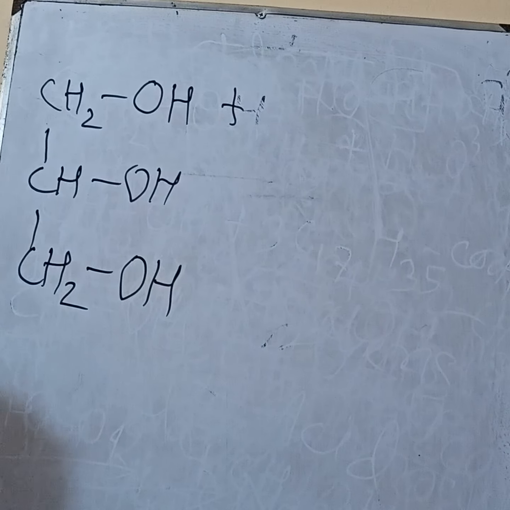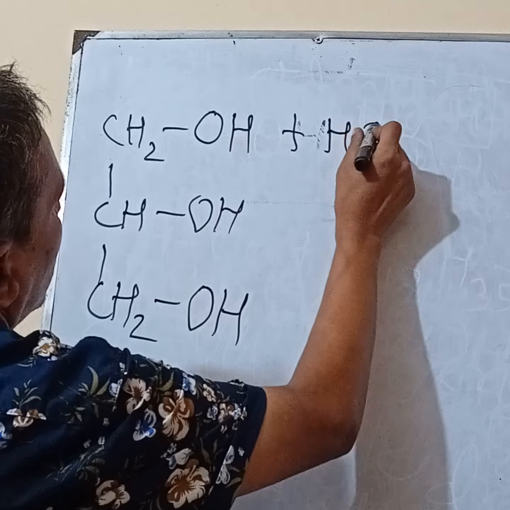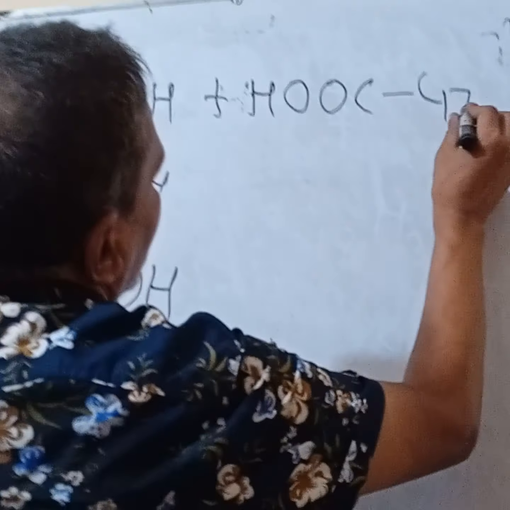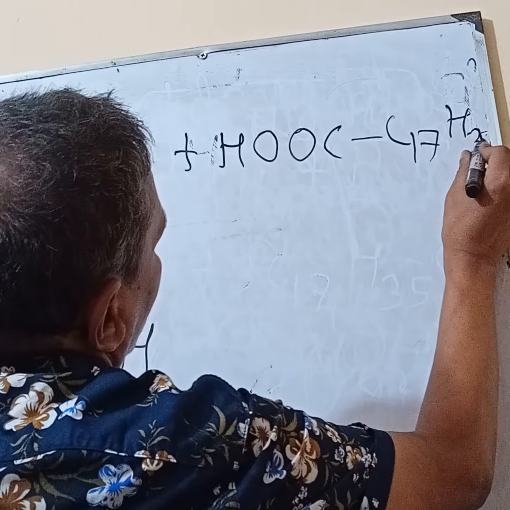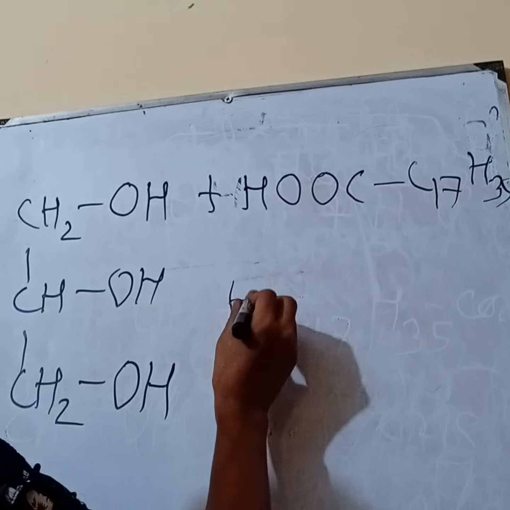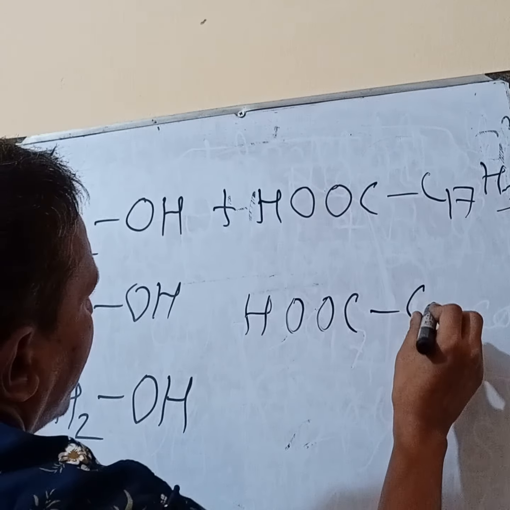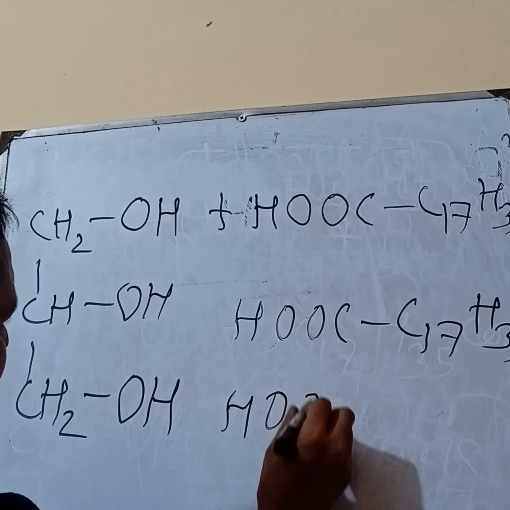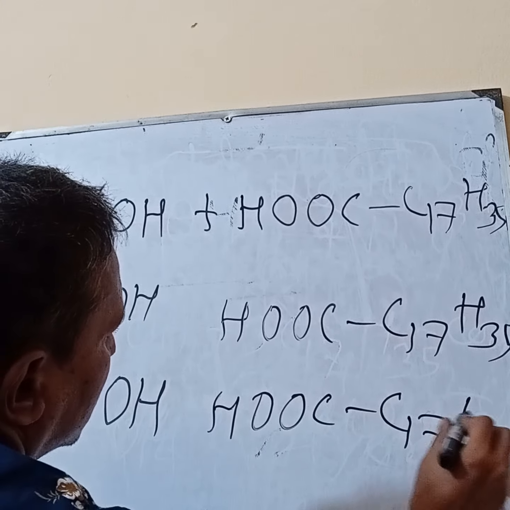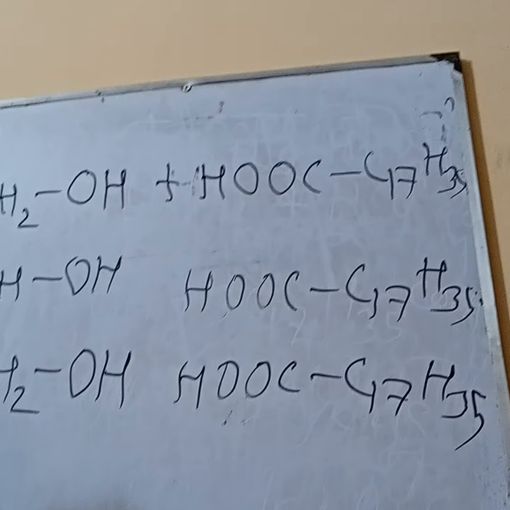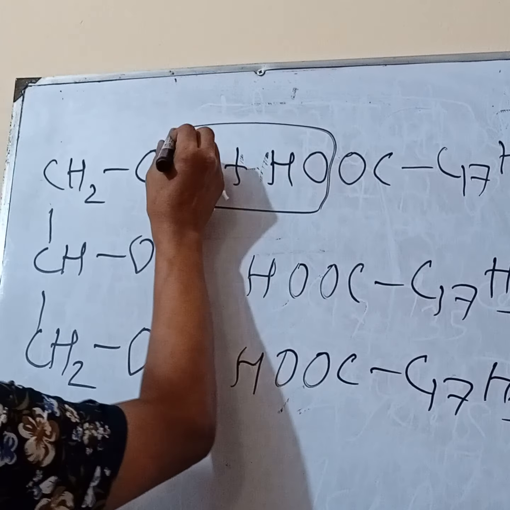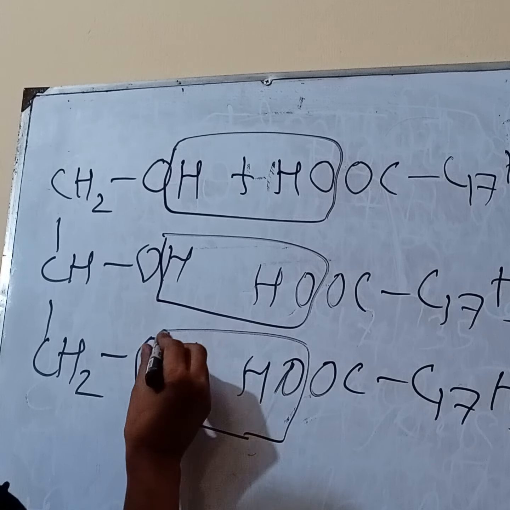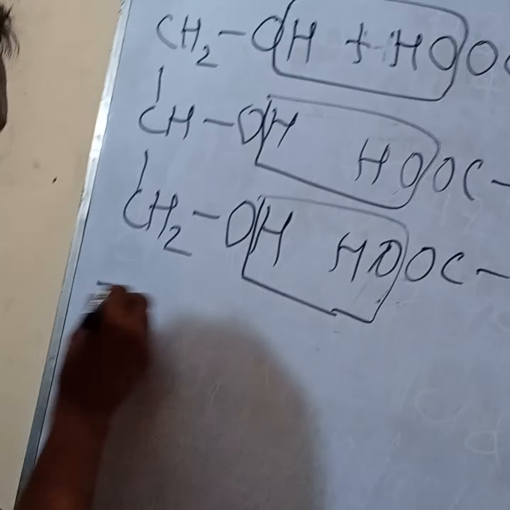Then three stearic acid: HOOC C17H35, HOOC C17H35, HOOC C17H35. From there, H leaves, so three H2O are removed.